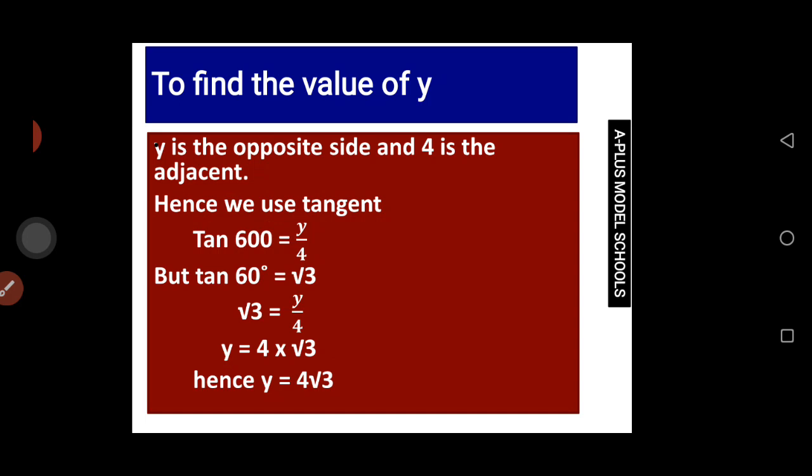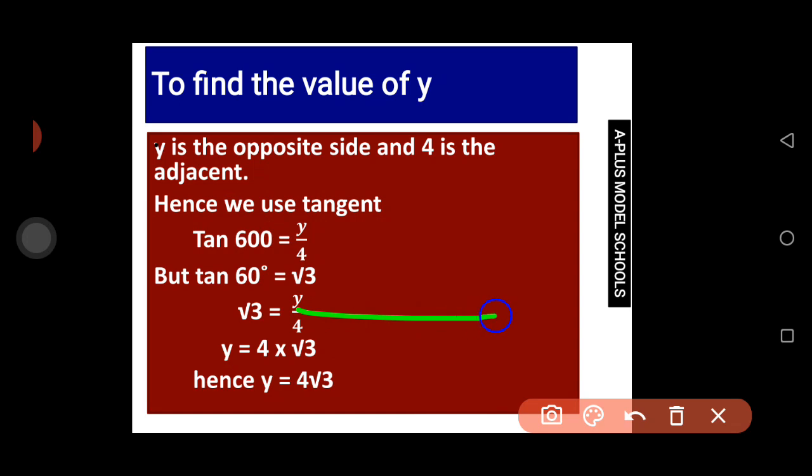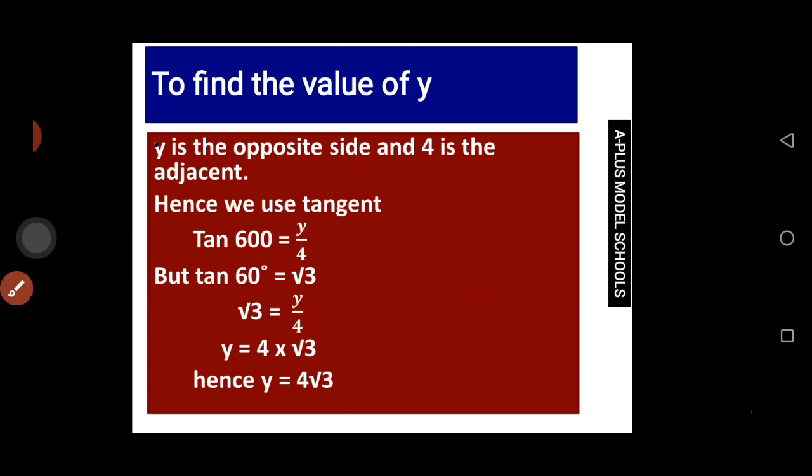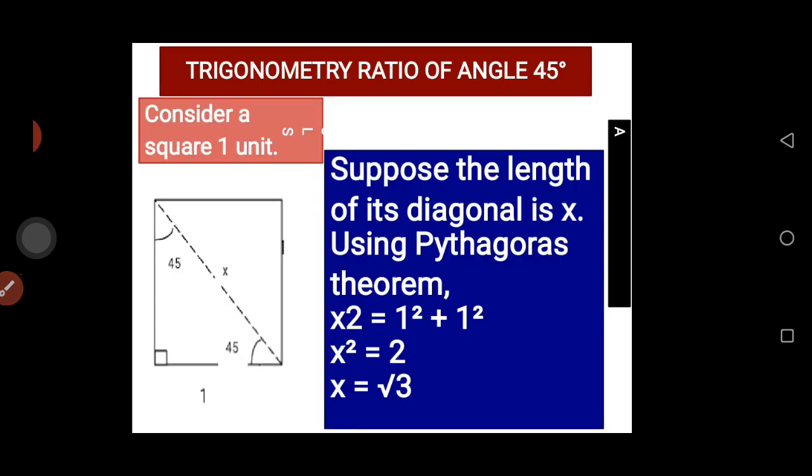And don't forget that tan 60 degrees is the same thing as root 3. So root 3 is equal to y over 4. Cross multiply: y times 1, that is y, is equal to 4 times root 3, which is 4 root 3. So the value of my y will be 4 root 3.